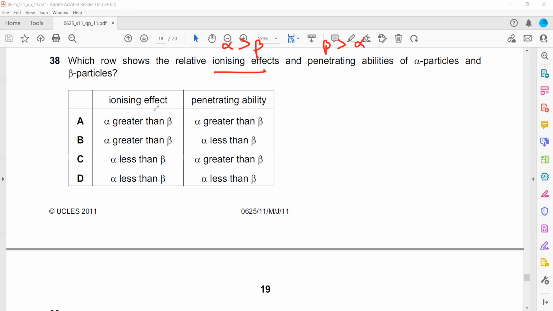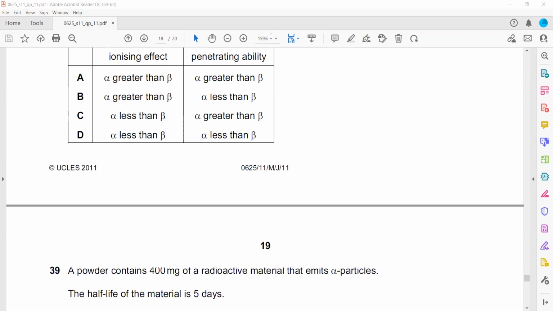So ionizing alpha is greater, but penetrating alpha is less. Alpha can be stopped by paper or 4 to 5 centimeters in air.